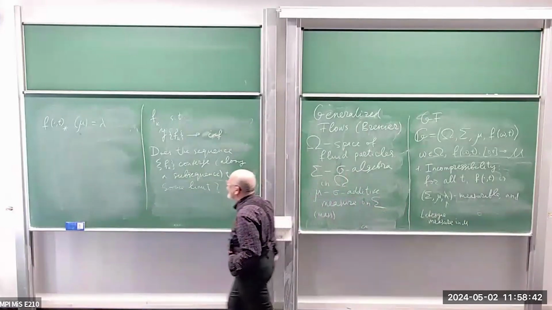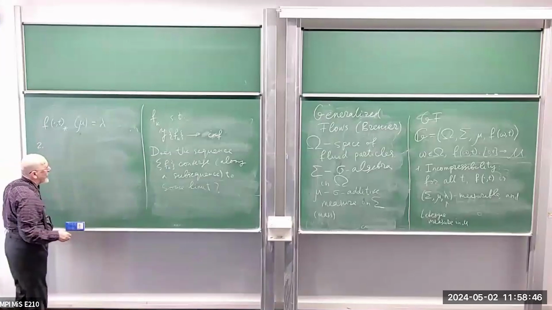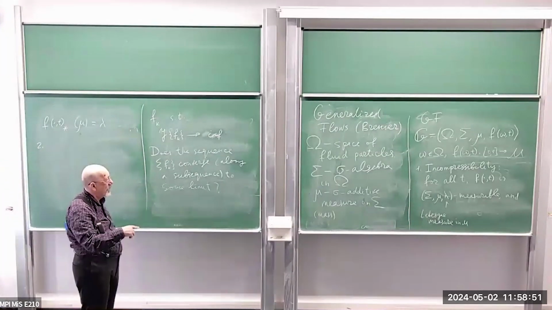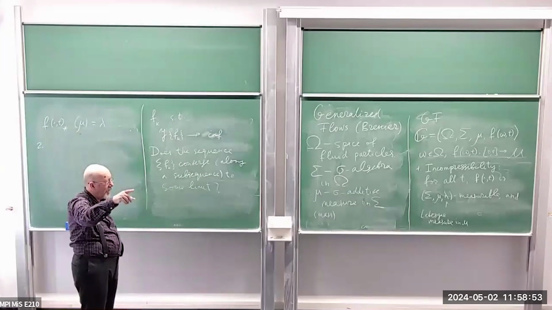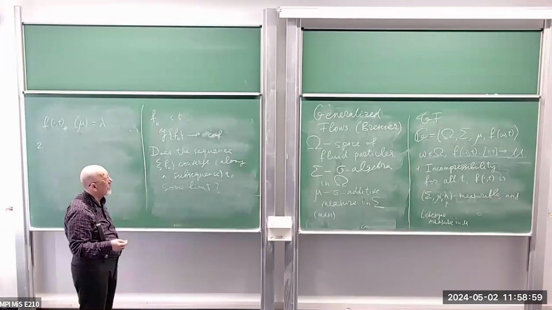The second requirement is the following: that the average action along the trajectories, or the action of this generalized flow, is finite.